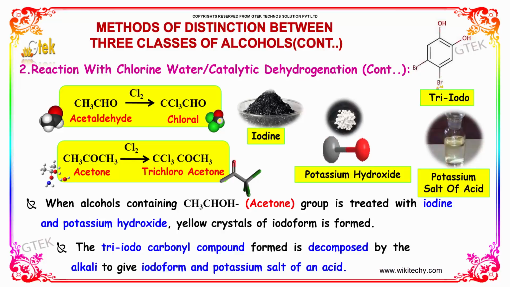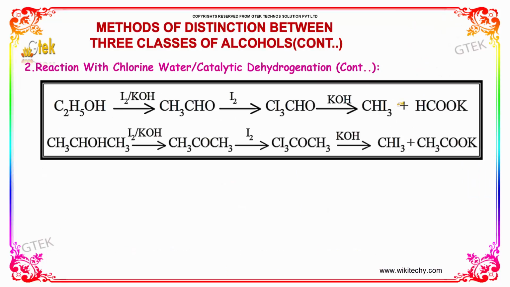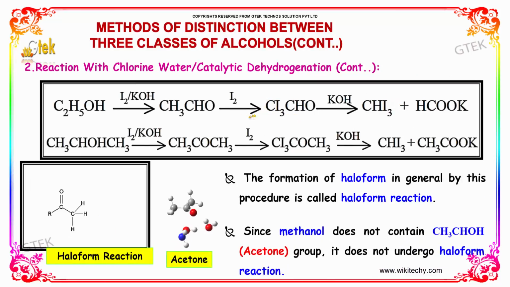The structure of the triiodo compound is as shown here. Now let us take an example, C2H5OH, that is ethanol. On addition of iodine in the presence of KOH, we obtain an aldehyde.